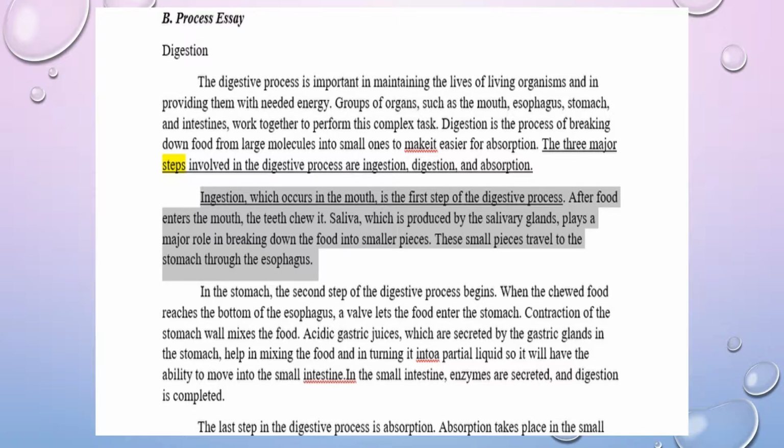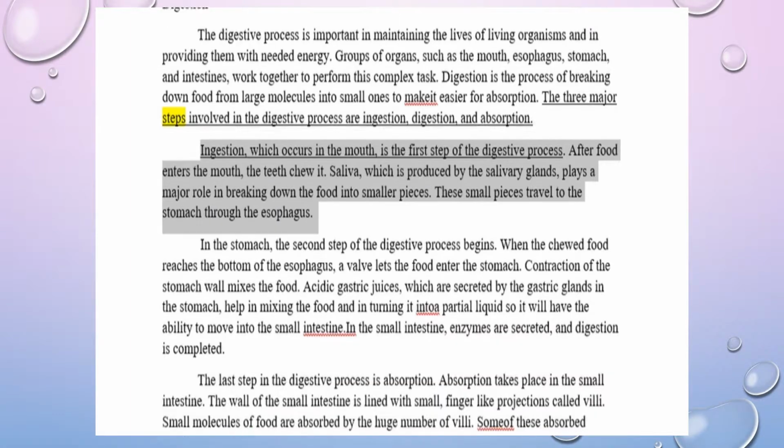And so we know that our body paragraphs will discuss those three major steps. And so the topic sentence or main idea of that first body paragraph gives us the first step in the digestive process. Ingestion, which occurs in the mouth, is the first step of the digestive process. This paragraph will only talk about the ingestion part of the digestive process.